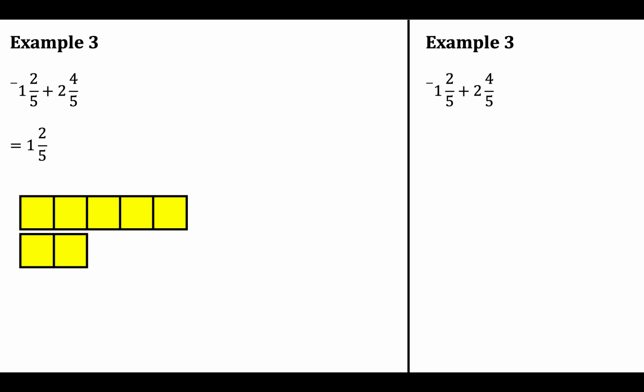Now we can look at this example again using improper fractions. So if we change these mixed numbers to improper fractions, we're going to get negative 7 fifths plus 14 fifths. And that will give us 7 fifths, or our 1 and 2 fifths, as we had previously.